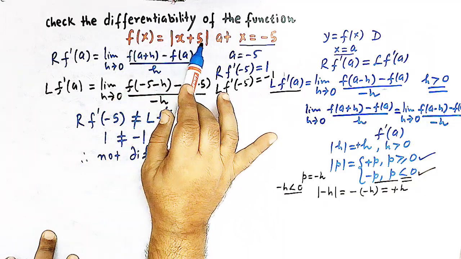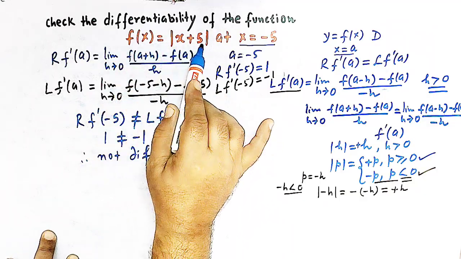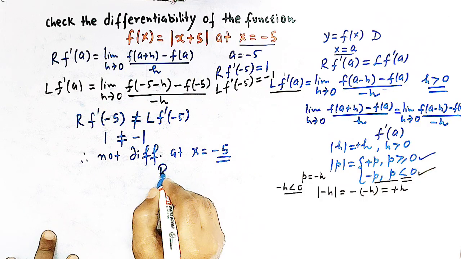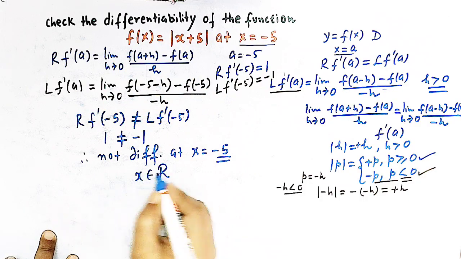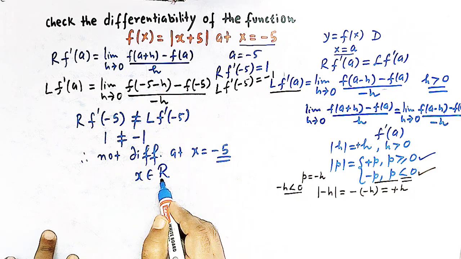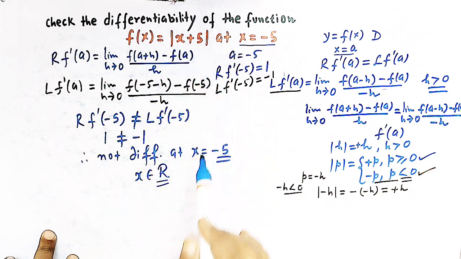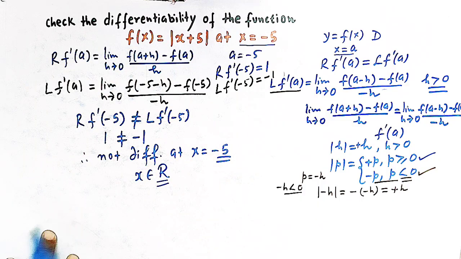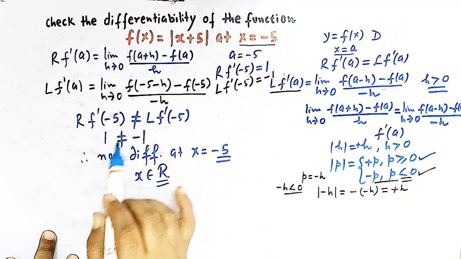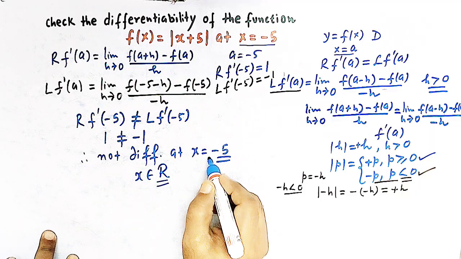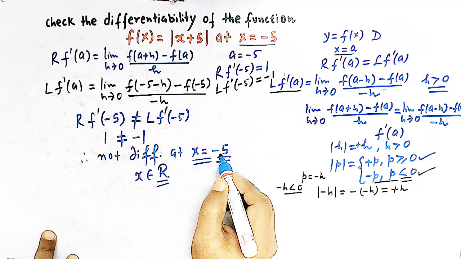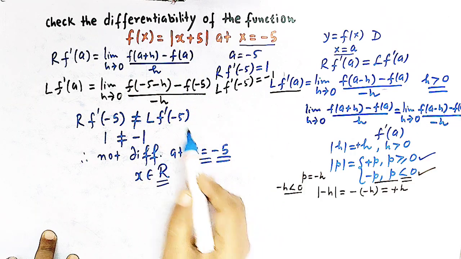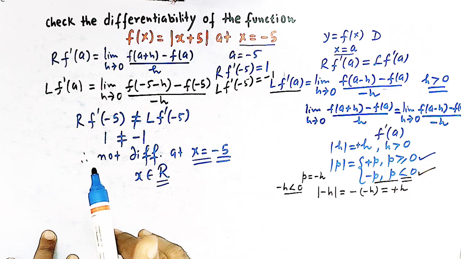And moreover, from this function we can see that the domain of this function is the set of real numbers, right? So here x belongs to the set of real numbers, and this function is continuous for all values of x. But here this function is not differentiable at only this point, that is x is equal to minus 5. But for other values of x the function is differentiable, right?